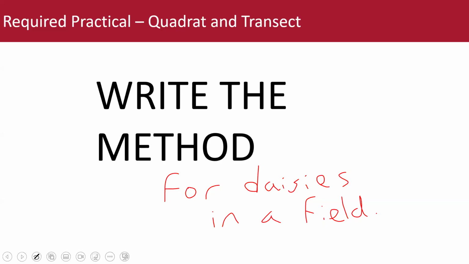How many times are you going to put your quadrat down? When you've done it, however many times, what are you going to do with your result? Then you need to work out how you're going to estimate the number of daisies in that field. Another method.